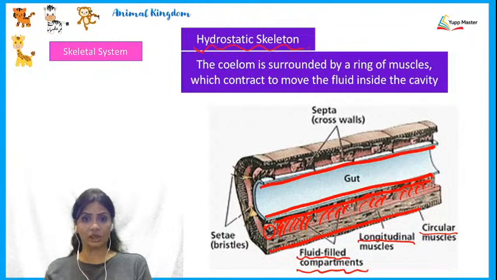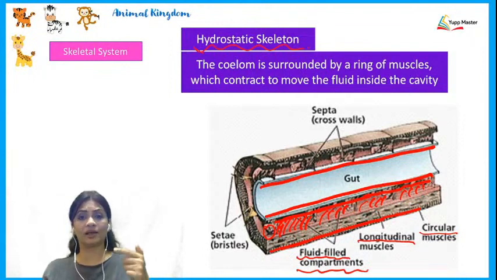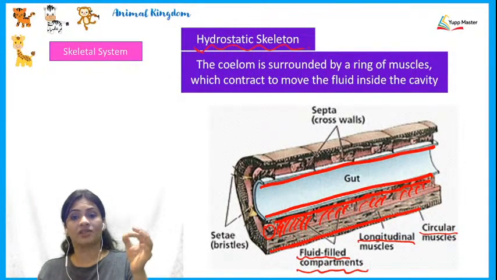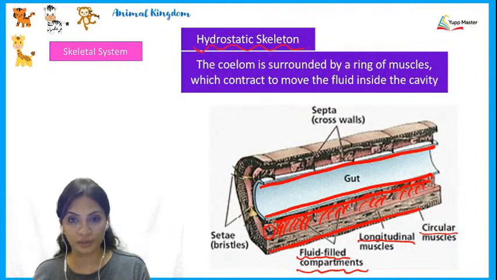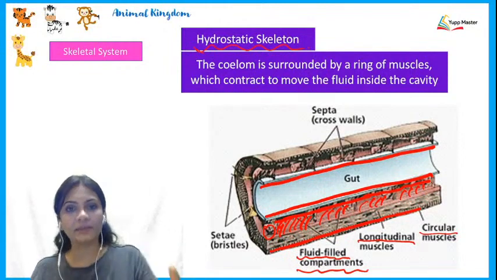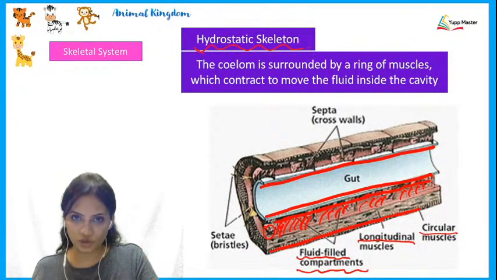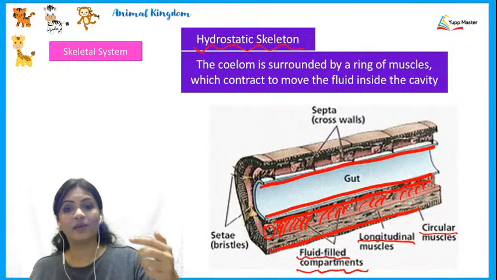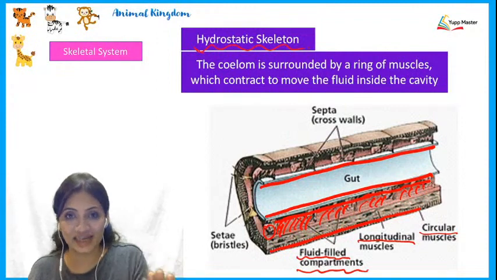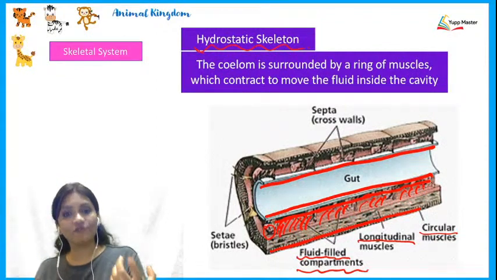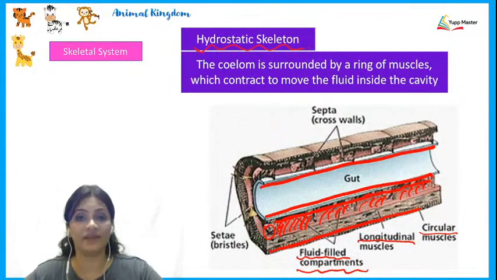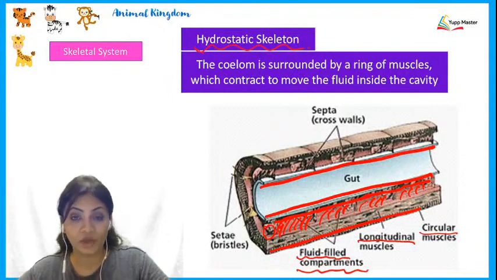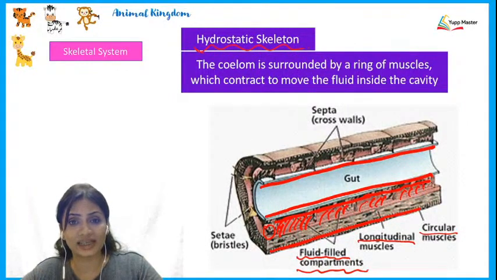So we see here that the coelom is surrounded by a ring of muscles, the longitudinal and the circular muscles. These muscles, being muscles, contract. When the muscles contract, they move the fluid inside the cavity, and that fluid behaves as the skeleton. So what is a hydrostatic skeleton?